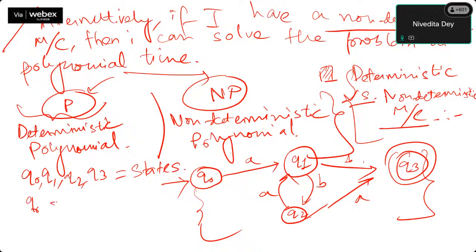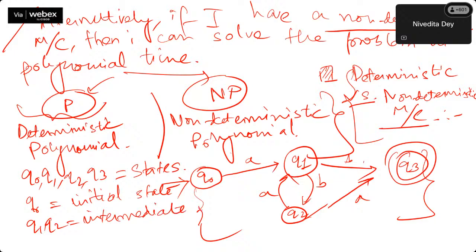Q0 is your initial state, Q1 and Q2 are intermediate, and Q3 is final.